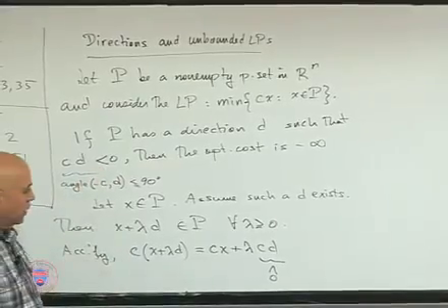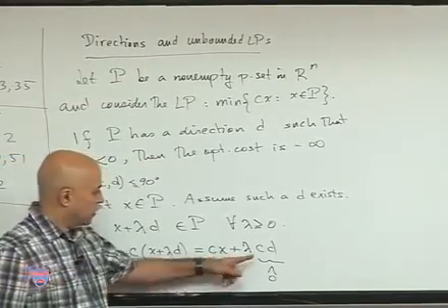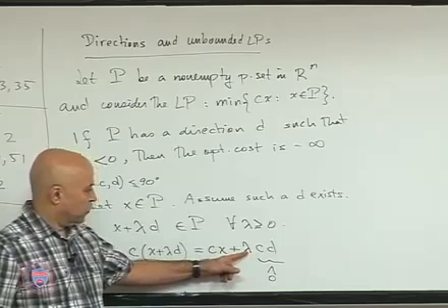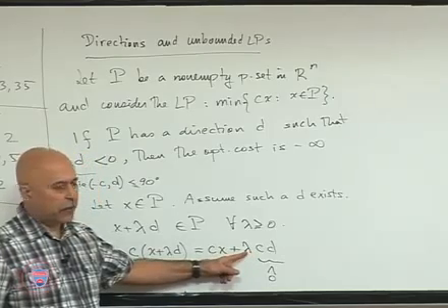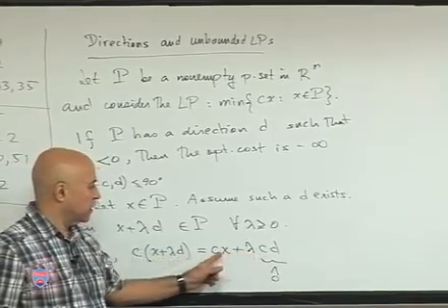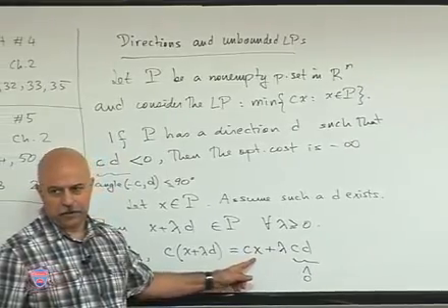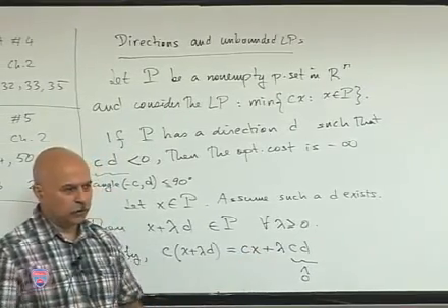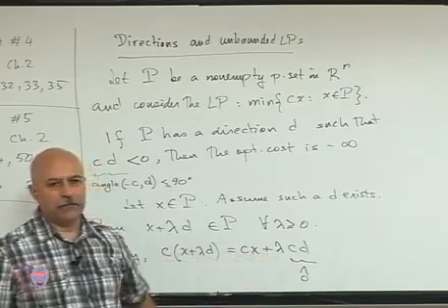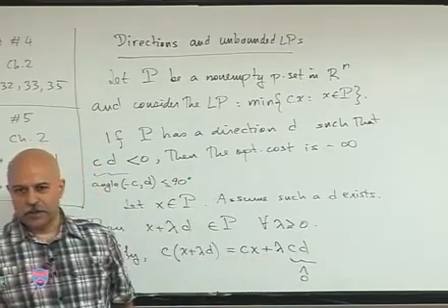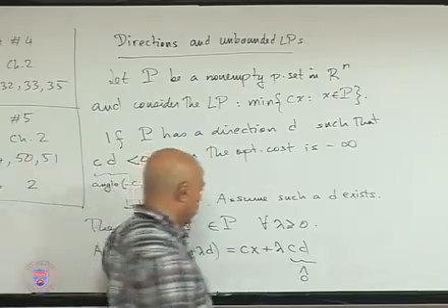Which means if you take your lambda to be a positive number, you're adding a negative number to the old objective value at the point x. So you get smaller. And of course, you can make your lambda as large as you wish and get smaller and smaller.